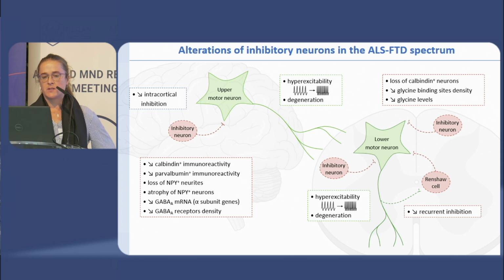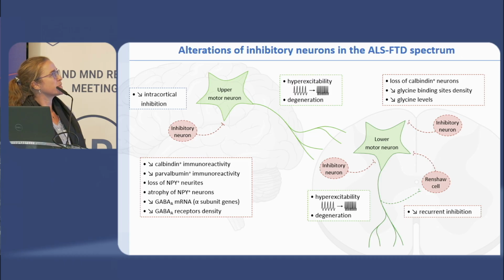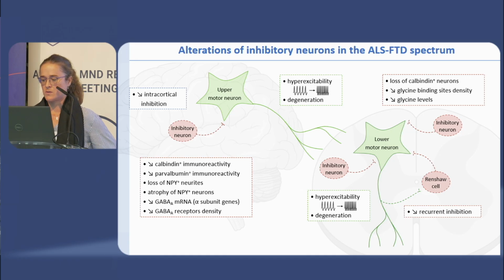What is known is that in the ALS-FTD spectrum, there are some inhibitory neuron alterations, not necessarily a degeneration of these neurons, but an alteration of their functions that finally leads to hyperexcitability of motor neurons, either upper or lower, that could lead to the degeneration of these neurons.